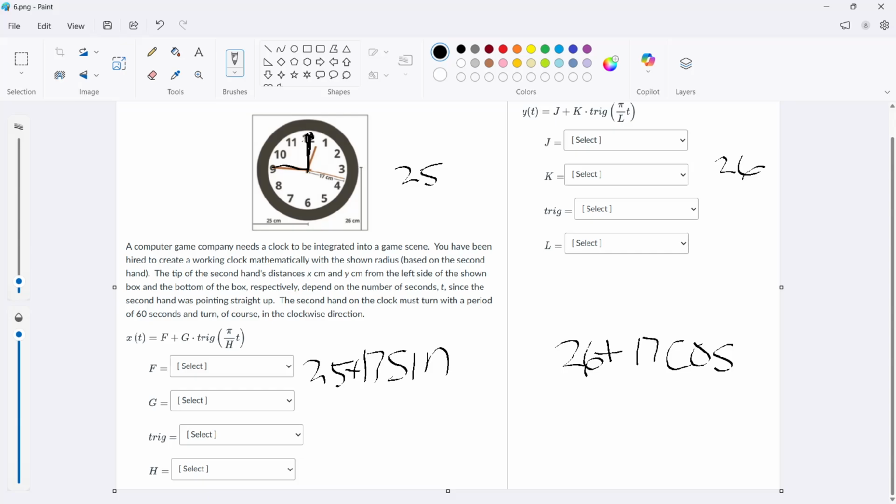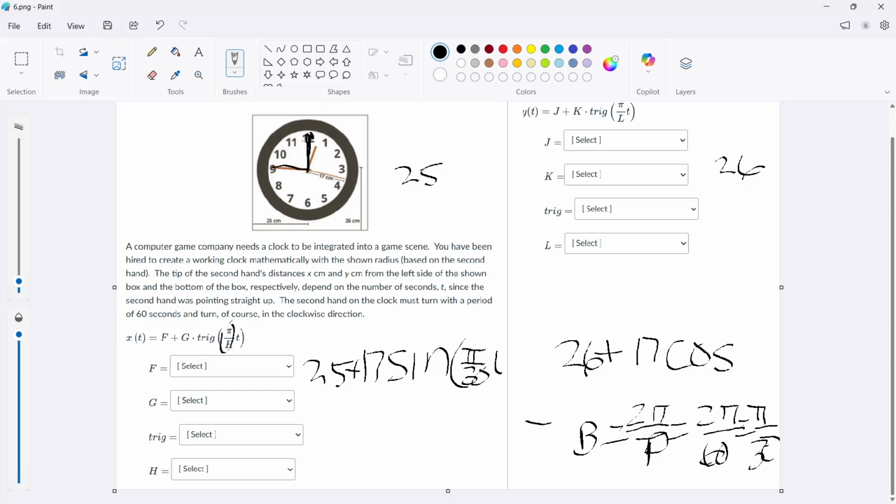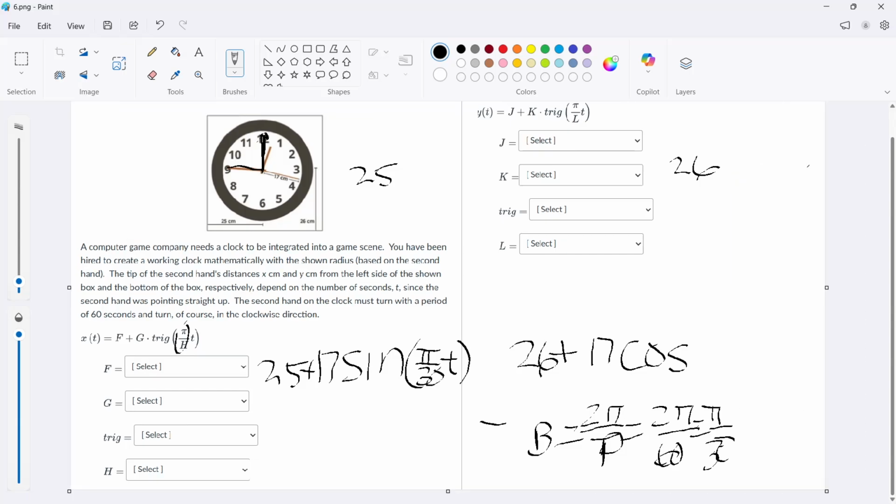And then all I have to do is find this pi over h or pi over L. Well, remember, the b, that's this pi over h is the b part, inside parentheses before the t. b equals 2 pi over the period, the period is 60, equals pi over 30. So this is going to be sine pi over 30 t, and this is going to be cosine pi over 30 t. And so that's it.